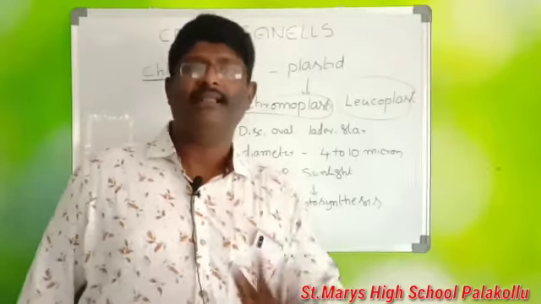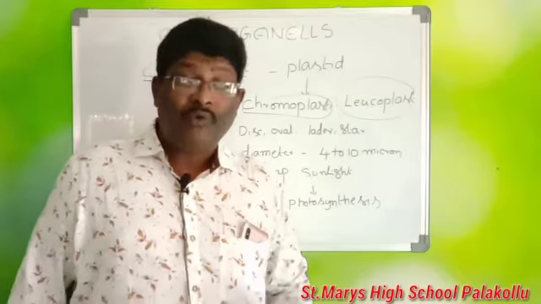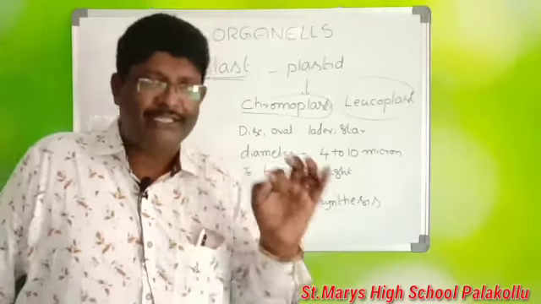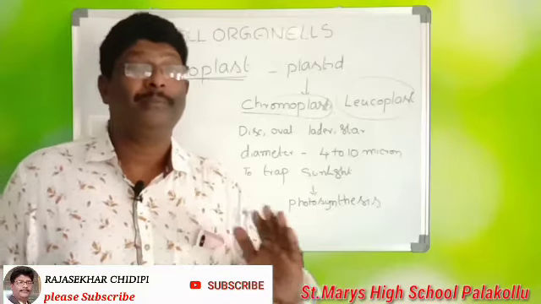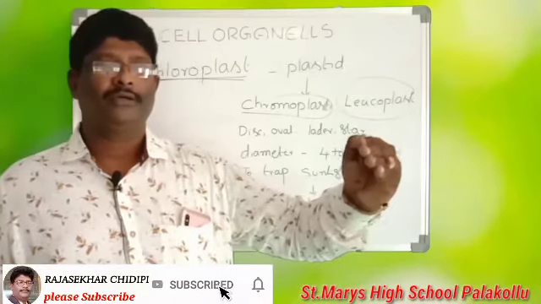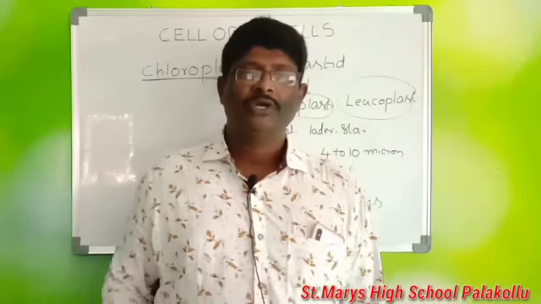Not all the plants, some of the plants. But one who is having chloroplast in their body, they can do photosynthesis and prepare their own food. They are called autotrophs. This is about chloroplast.